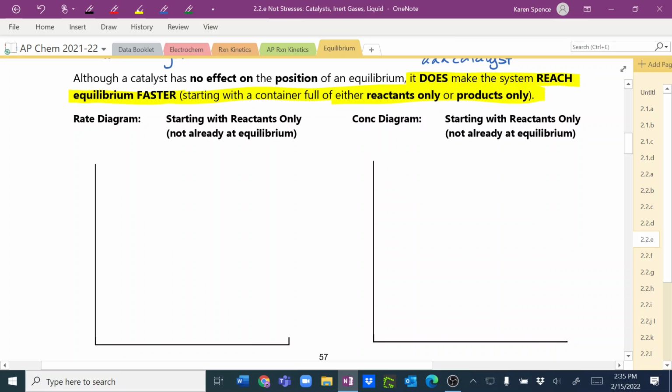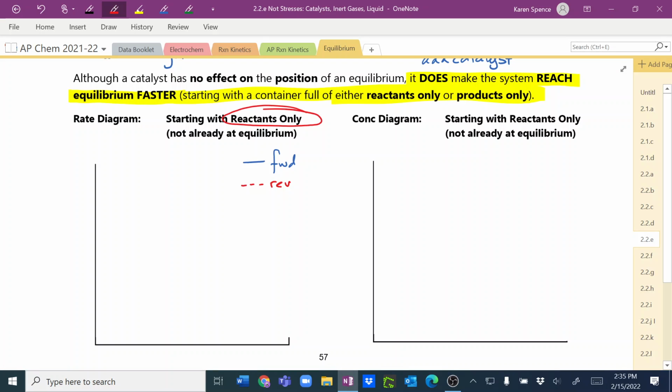So let's say we started with reactants only. We're going to look at what happens.